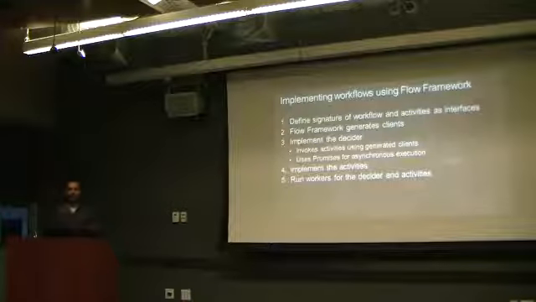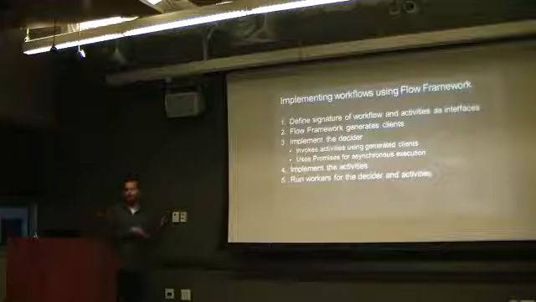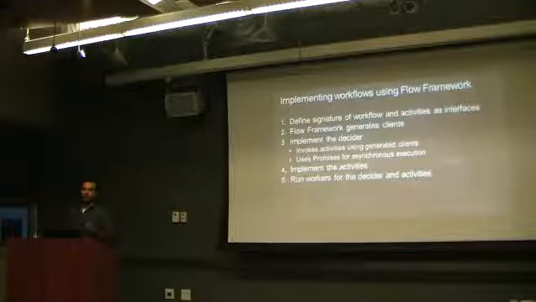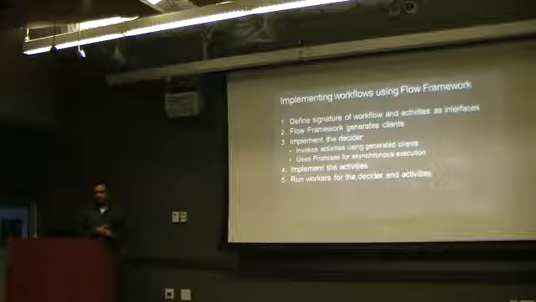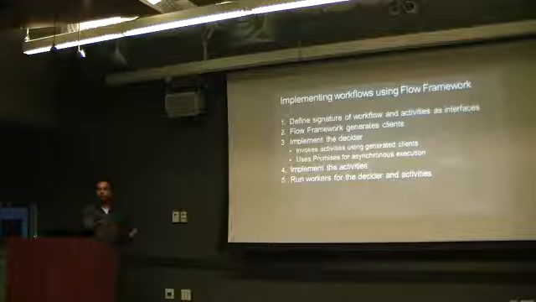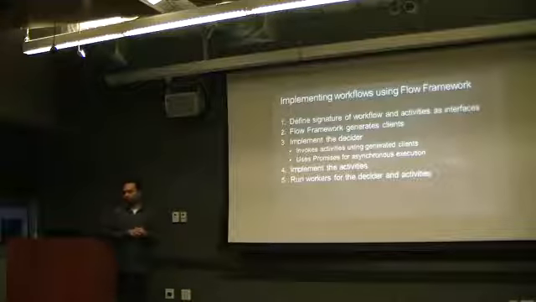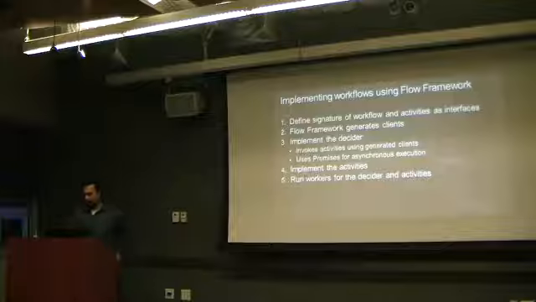The same thing here: when you schedule an activity that's going to run somewhere else, it may be months long, so we cannot give you a result back. What we give you back is a promise, which will become ready when the computation is done. Then we implement the actual activities, the individual pieces of the process, and then we run workers to host them.